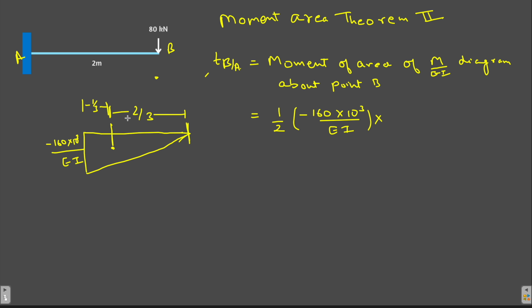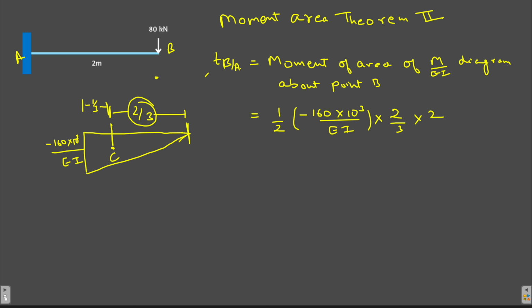If you are taking it from the base, it is 1/3; if you are taking it from the vertex, it is 2/3. So the centroidal distance is 2/3 of the total height of the triangle. The total height of the triangle is 2 meters, so we write 2/3 of 2 meters.